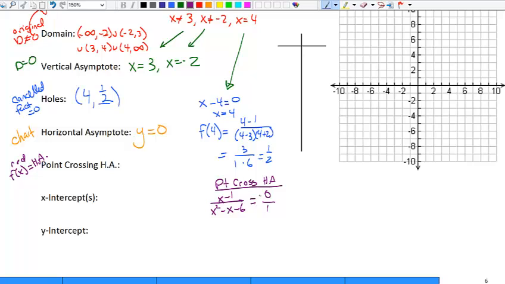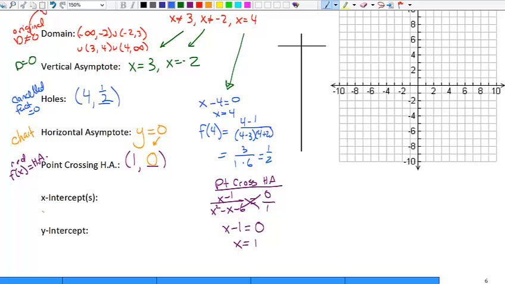When I cross multiply, I'm just getting x minus 1 equals 0 times the whole denominator, which is still just 0. So I get x equals 1. So at 1 comma some value, I have a point crossing the horizontal asymptote. What is that y value? Well, I pull that y value straight from my horizontal asymptote. Since it is the point that is crossing the horizontal asymptote, I know it's going to have to be at y equals 0.